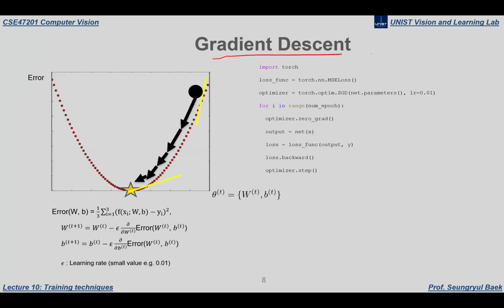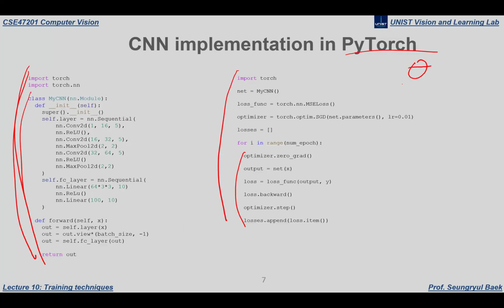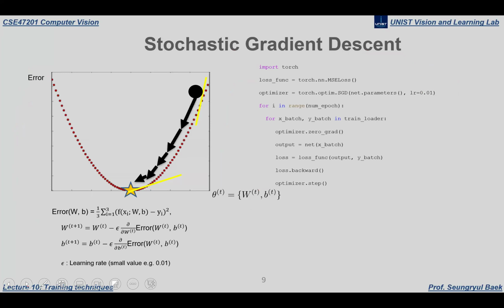And we learned that we can use gradient descent to optimize the parameter vector using the dL/dθ vector, right? We also learned about the difference between stochastic gradient descent and gradient descent.